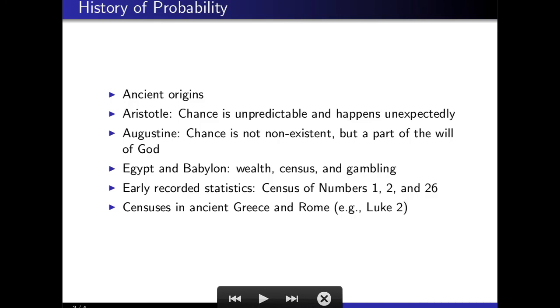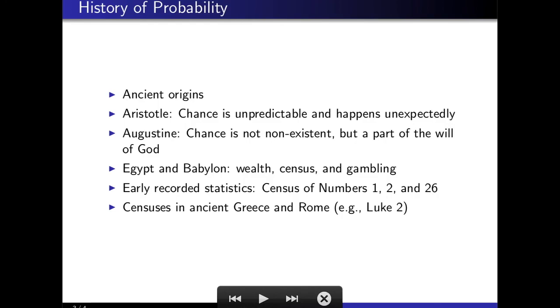For Augustine, chance was something that, well, simply it didn't exist, but it was a part of the will of God. So you could think about it as, in the book of Jonah, when Jonah is on the ship and the shipmates are all going to cast lots.